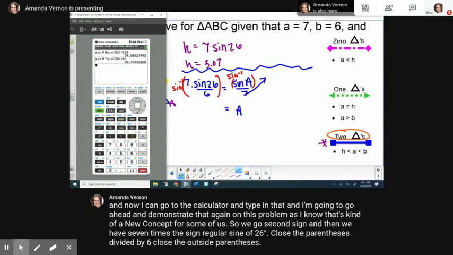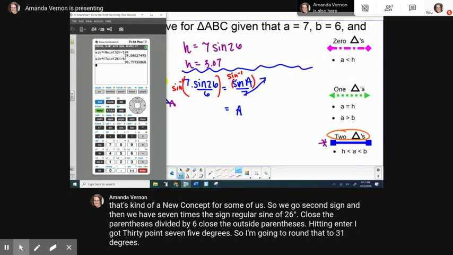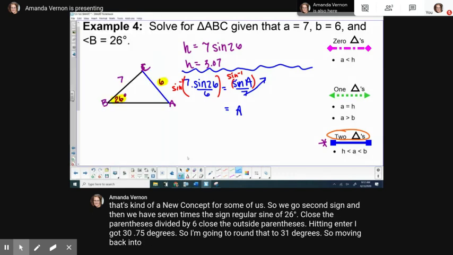Hitting enter, I got 30.75 degrees, so I'm going to round that to 31 degrees. So moving back into my problem, I'm going to go ahead and state that angle A is 31 degrees.